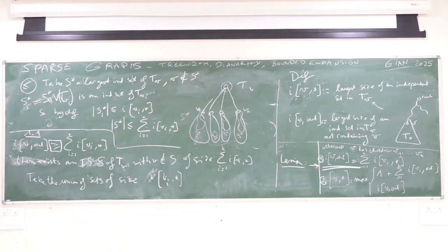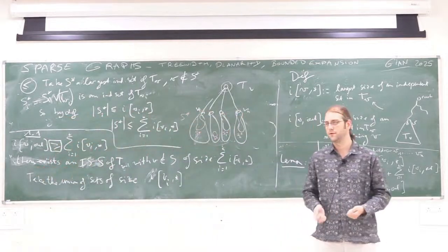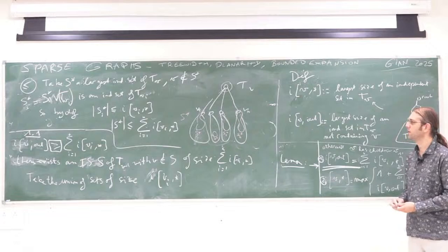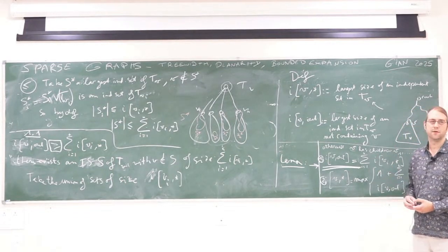That is because S star is just equal to the disjoint union of these things, and they are all disjoint. Underlying is that yes, they are all disjoint. So this is the reasoning behind this type of proof.